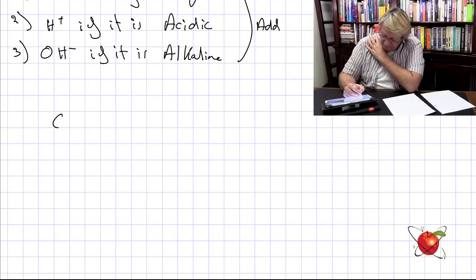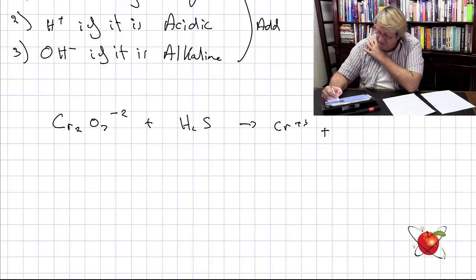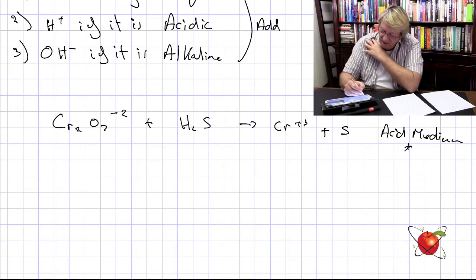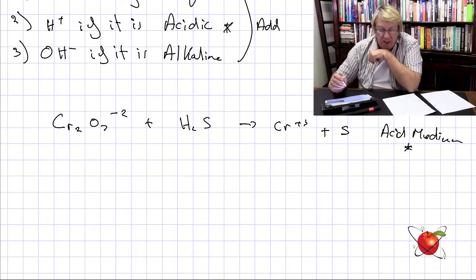Let's just say, right, they tell us that the ion here, Cr2O7 2 minus plus hydrogen sulfide, H2S, goes to Cr 3 plus plus sulfur, and it's in an acid medium. Which means already it tells us that we're going to be up there. It's acidic. If they said alkaline, we'd have put in OH minus.